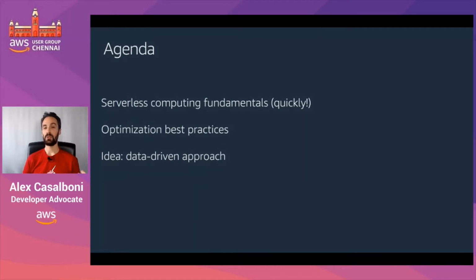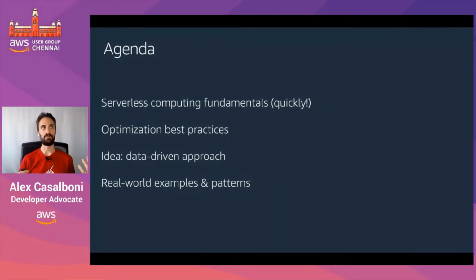And then I want to share an idea or a project, this idea of a data-driven approach to solving some of these problems. And I want to conclude with some real-world examples and a mental framework to think in terms of patterns, like cost and performance patterns. After that, we should have enough time for some Q&A. So feel free to share your questions. If we don't have enough time, I'll be happy to take some more questions on social media.